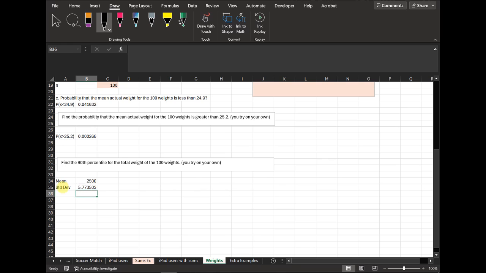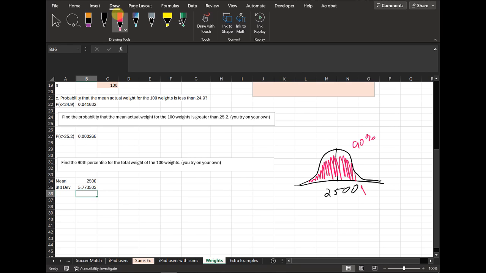So now, if I want to talk about total weight, so that's like sums, a sum of weights, here's the data that I want to use. Let me redraw this now. Sorry, this is not the best drawing because I'm drawing on a weird angle. Okay, so now I have this 2,500 here. And we're talking about the 90th percentile, so I'm talking about having this 90% of the weight.